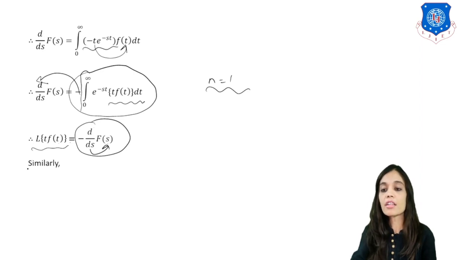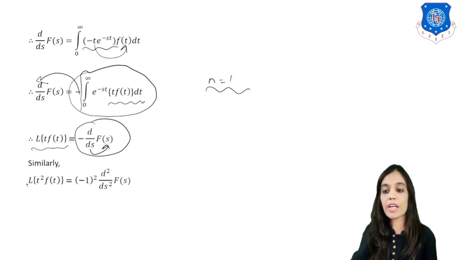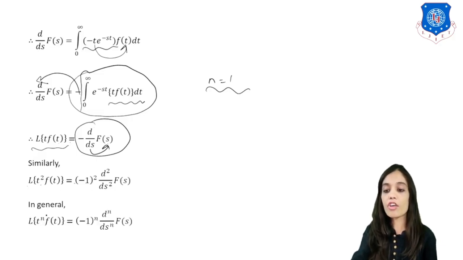So now next, similarly, we can write Laplace of t square f of t. That will be equals to minus 1 square d square upon ds square f of s. So in general, we can write it as Laplace of t raised to n f of t. That will be equals to minus 1 raised to n d raised to n by ds raised to n f of s, right? So whatever is the value of n, that many times you have to differentiate f of s, right?